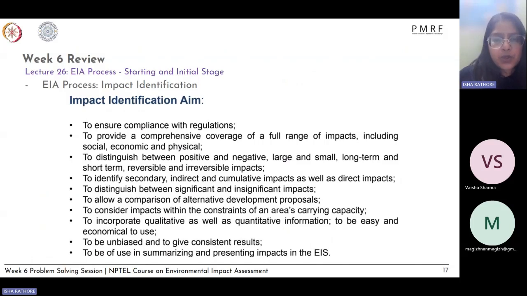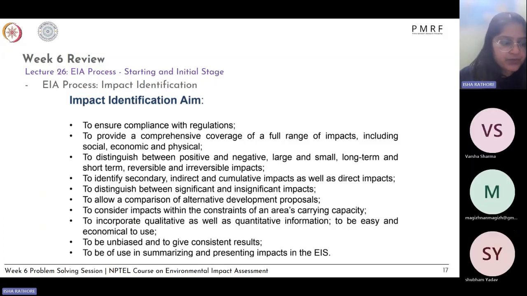You need to consider whether to incorporate qualitative or quantitative information, whether you have unbiased measurement or data from which you have derived the impact, and whether you have consistent results out of it. And then you need to summarize all of this in the environmental impact study, along with the mitigating measures which you are proposing for the particular impacts which you have identified.